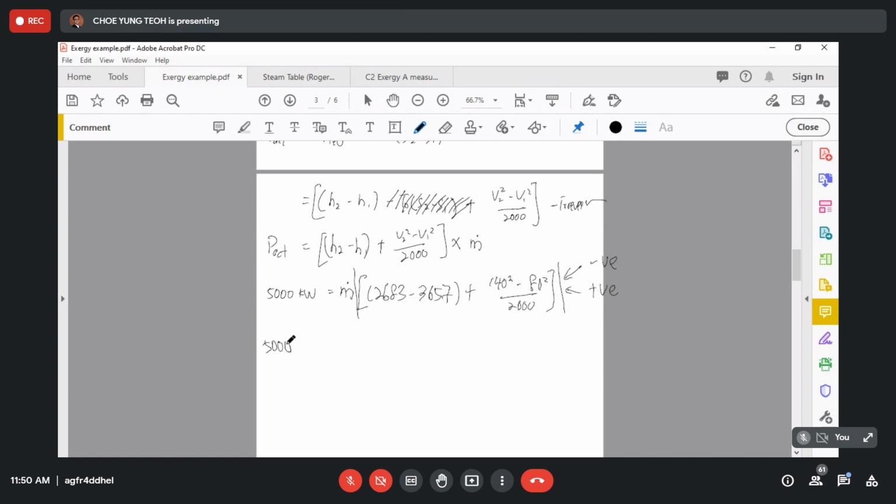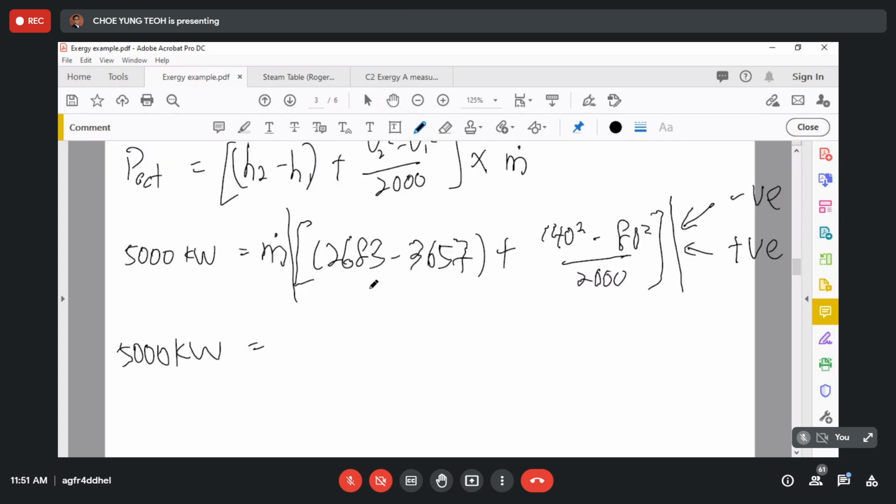So I have 5,000 kilowatt, mass flow rate. So I get 5.168 kilogram per second.